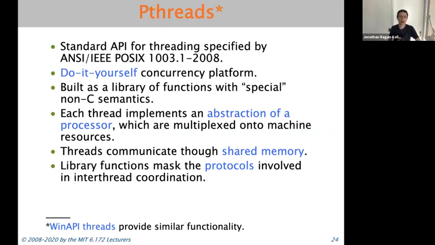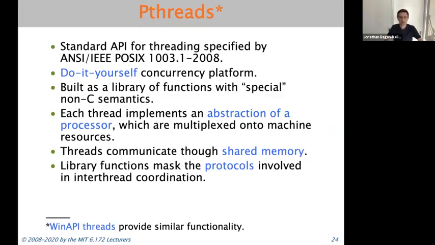And instead, we can use them together to launch multiple threads, where each thread logically is like a separate copy of our program with an abstraction of its own processor on which it's running. And then potentially many threads are multiplexed onto the physical resources, the physical cores of our machine over time.